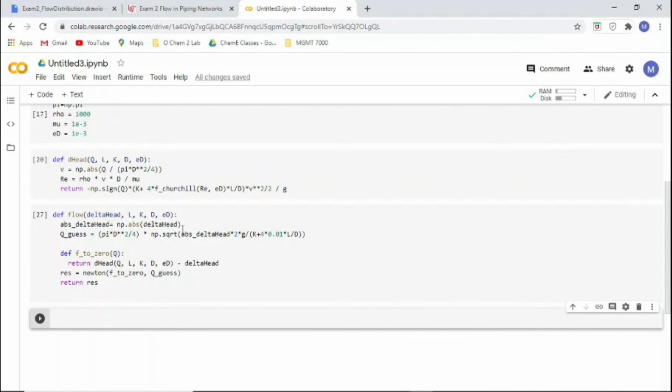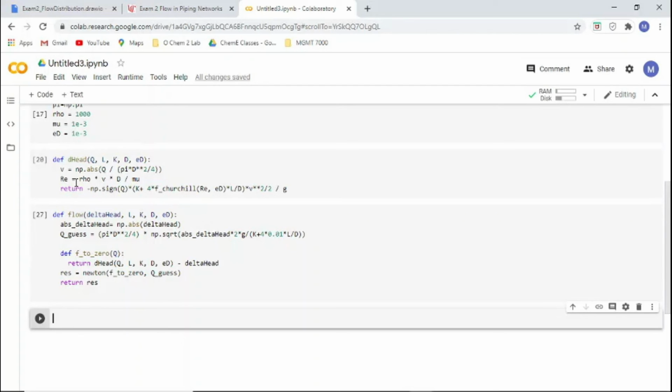So we've already looked at a couple of pitfalls that could have occurred in our code, such as taking the absolute value of the formula used to calculate velocity, since if our velocity is negative, it could result in a negative Reynolds number, which doesn't work with our Churchill equation, because when you look at a graph, there aren't any negative Reynolds numbers.